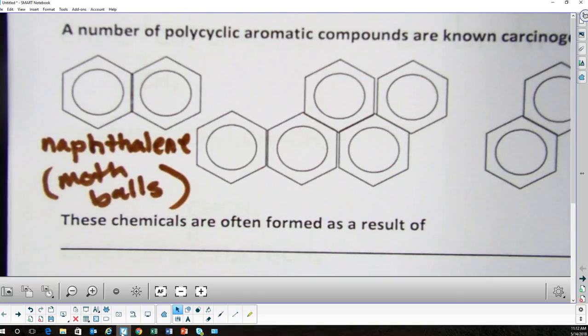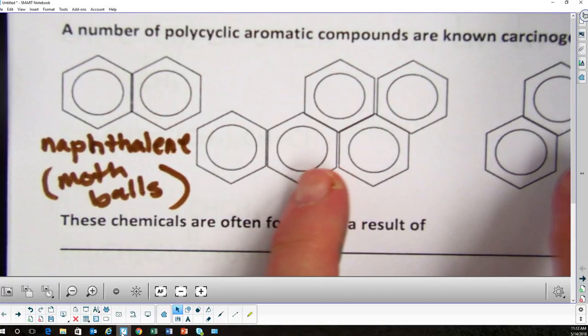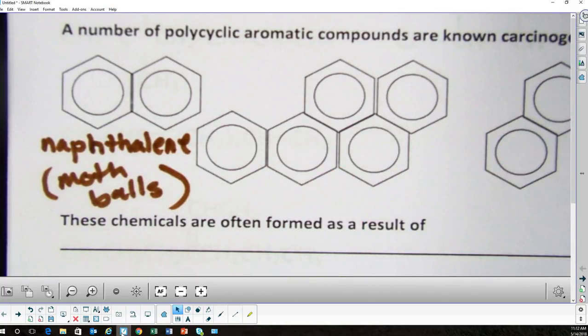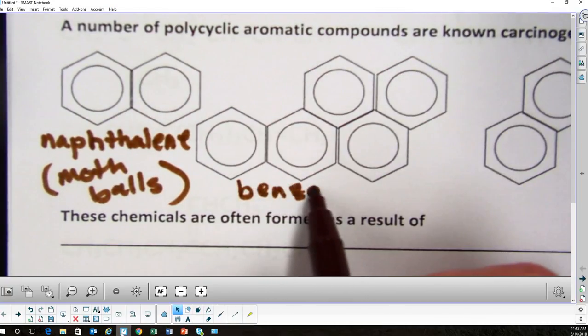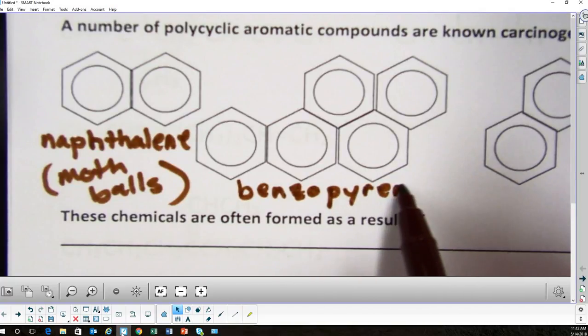Okay? A number of polycyclic aromatic compounds are known carcinogens, and these two next to it are known carcinogens. The first one here is known as benzopyrene.